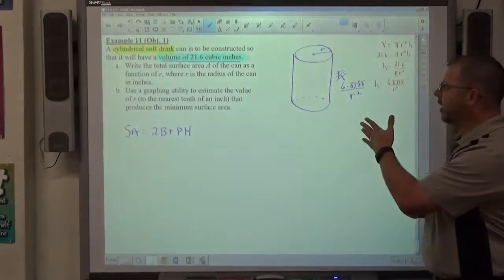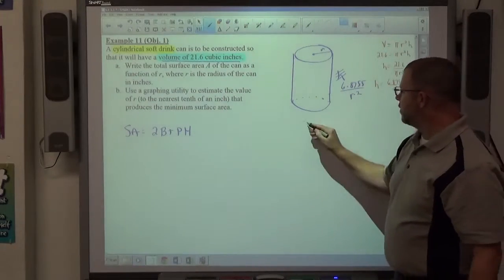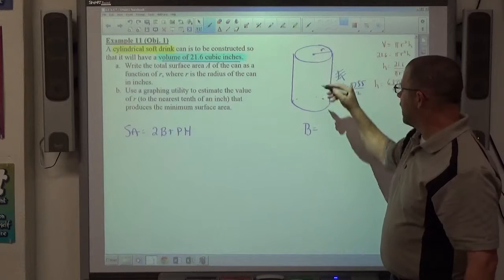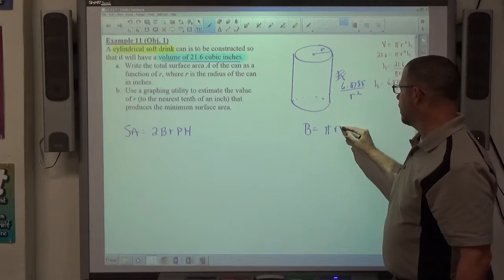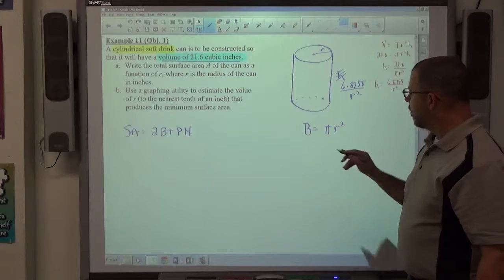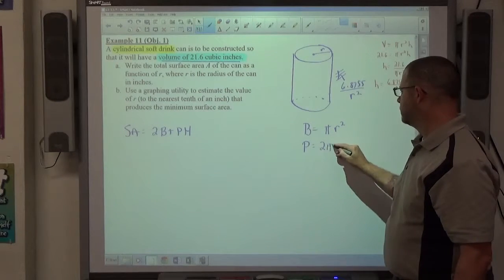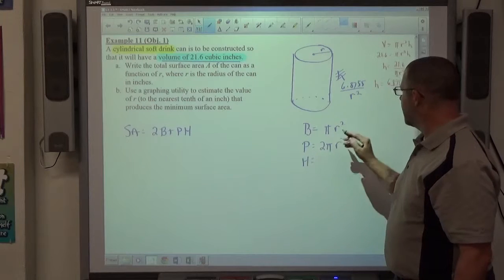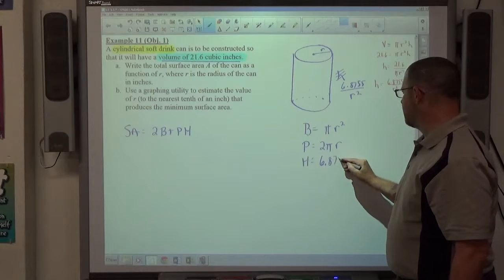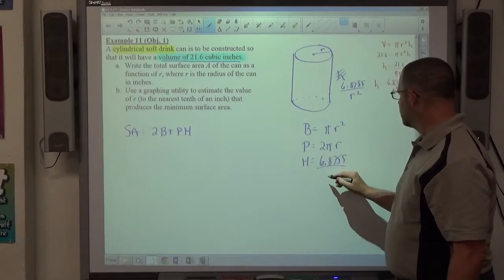So if I go back to this drink can again, the area of the base is B, and this drink can has an area of pi r squared for its base. The perimeter of the base circle, radius of r, is 2 pi r, and the height of the drink can is 6.8755 over r squared.